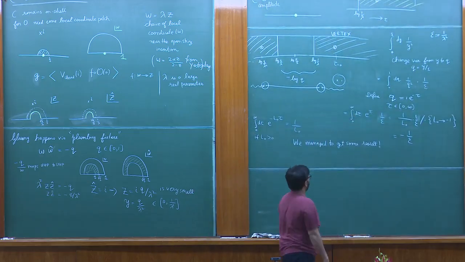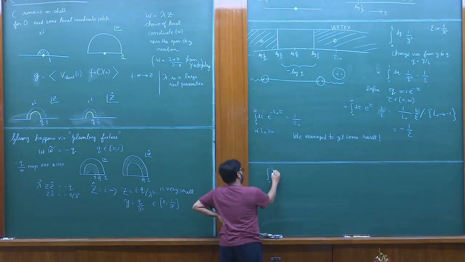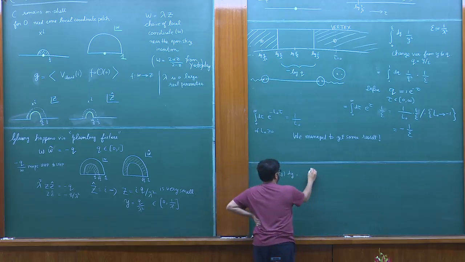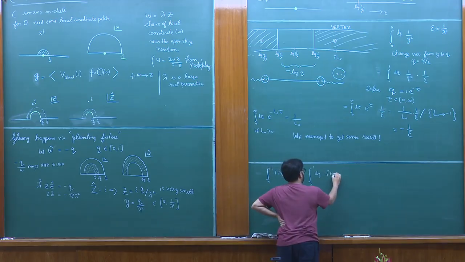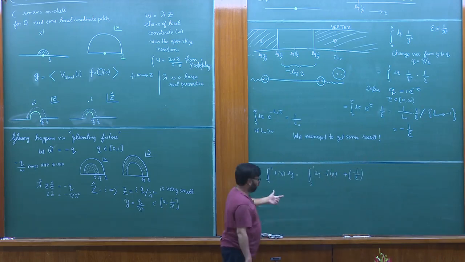Yeah, because we have not yet added... the full amplitude, remember, was the integral from 0 to 1 of f of y dy, which we split as epsilon to 1 dy f of y. The answer we have gotten is this, plus minus 1 over epsilon for the other part.